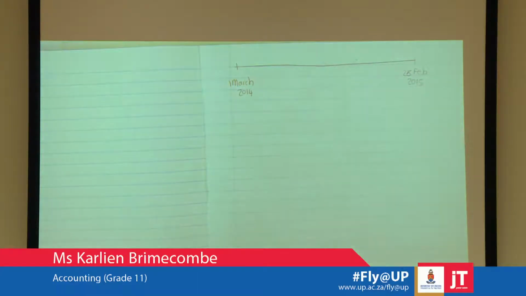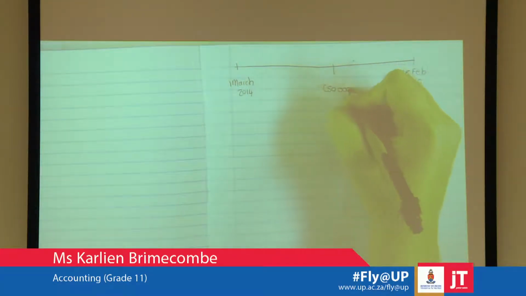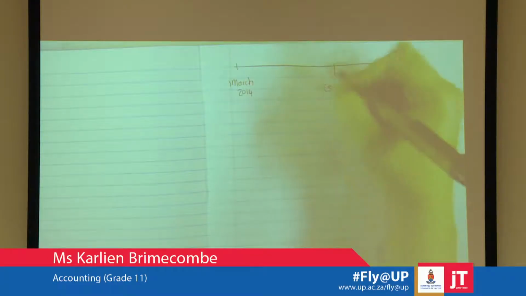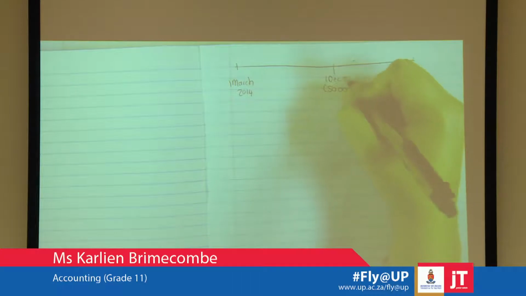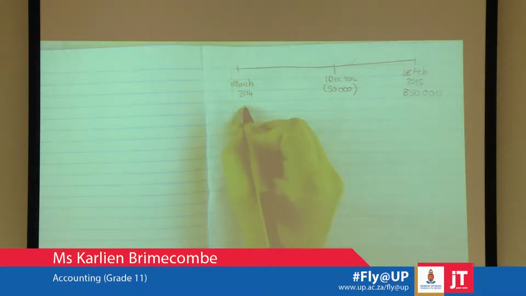The one partner, Sanjar, decreased his capital contribution on the 1st of December 2014. So it means the balance from the pre-adjustment is the balance at the end. So what is the balance in the beginning?